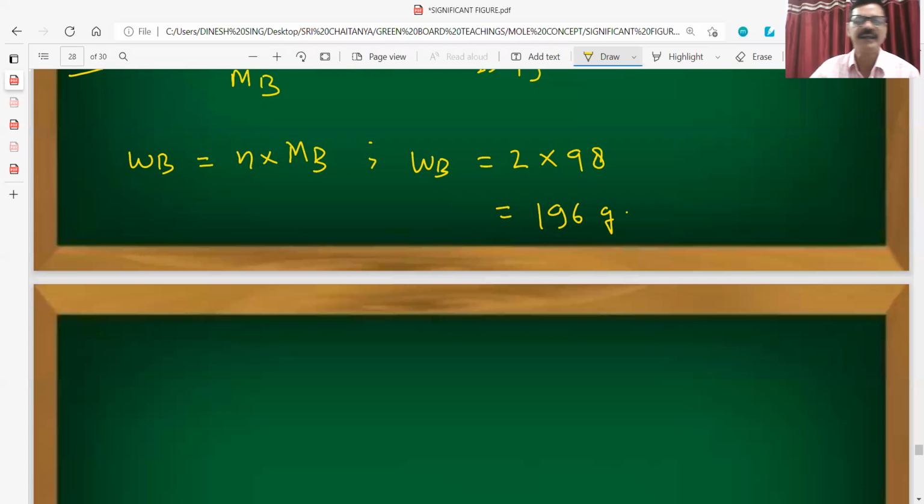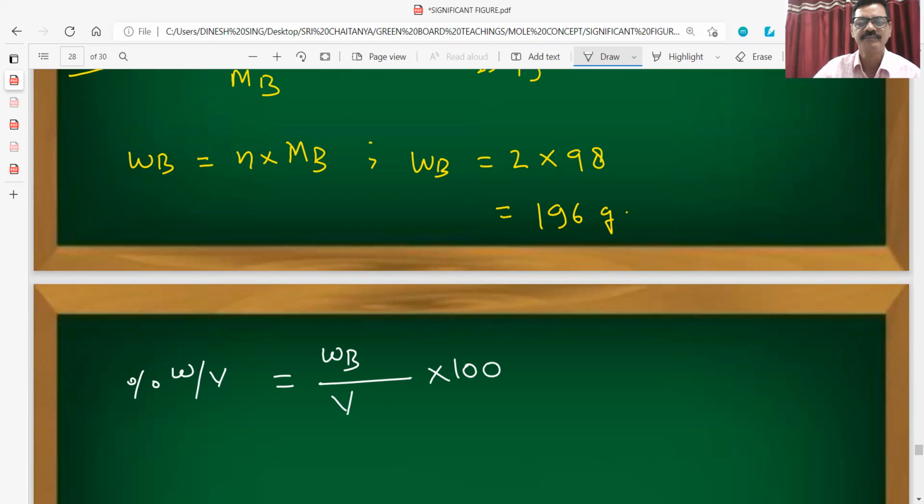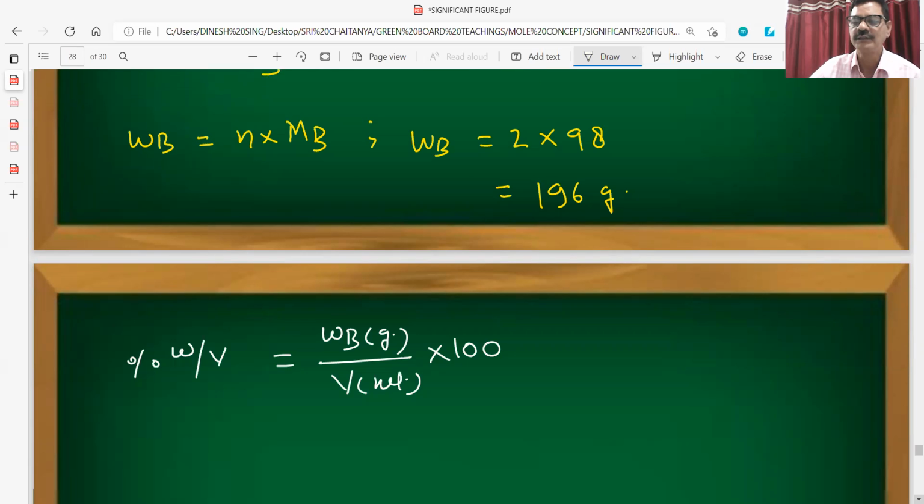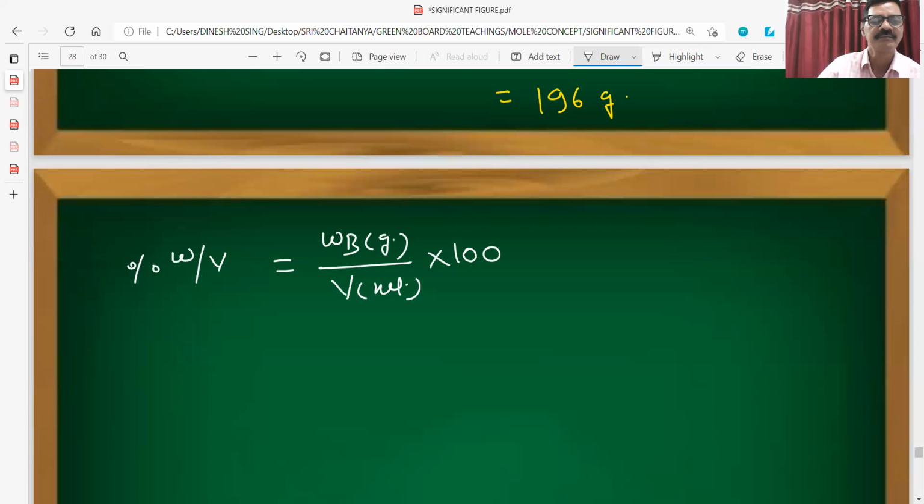Now we can apply the formula to calculate the weight by volume percent. This will be equal to WB by volume of solution into 100. This is in ml and this is in gram. The weight is 196 gram and 1 liter solution.